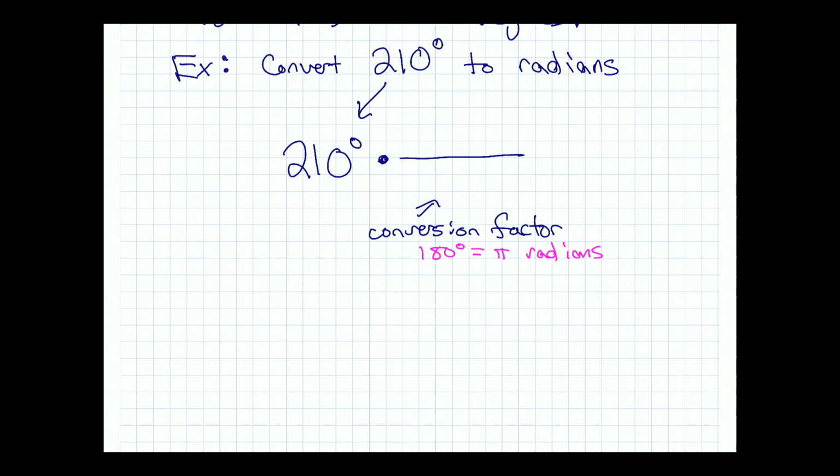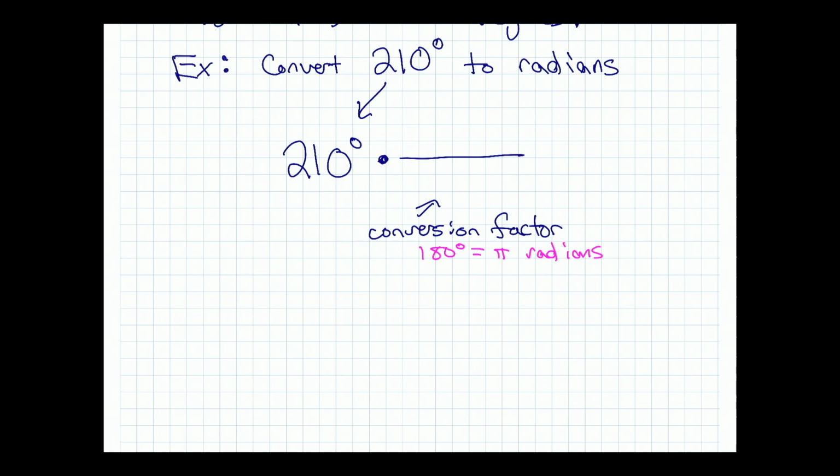Now what you're going to do with that is put 180 degrees on top and pi radians on the bottom, or pi radians on top and 180 degrees on the bottom, depending on whether you're converting from degrees to radians or from radians to degrees.